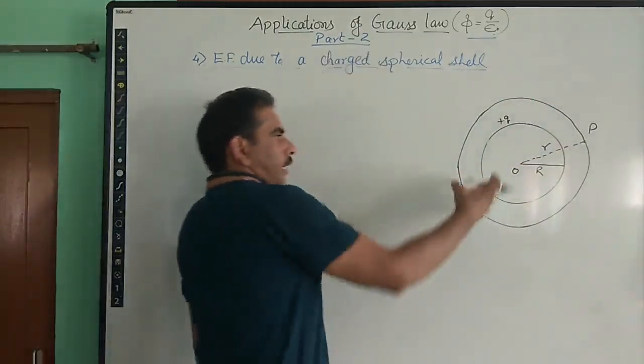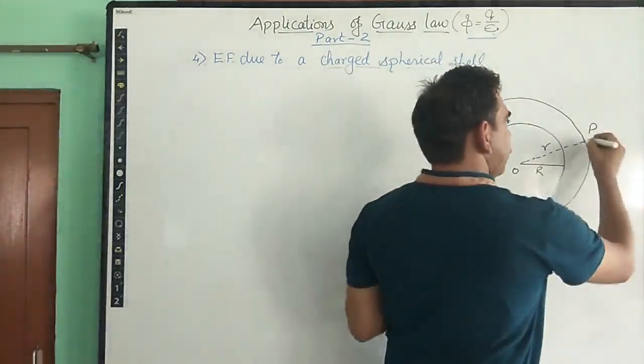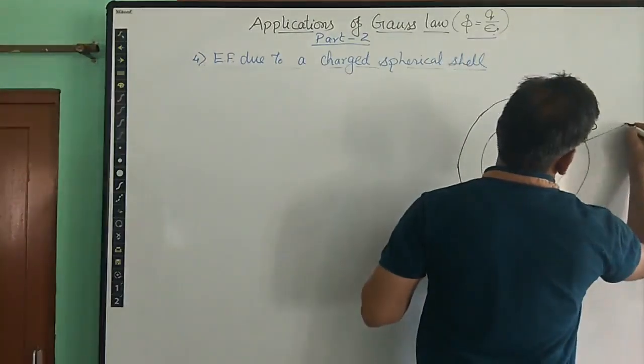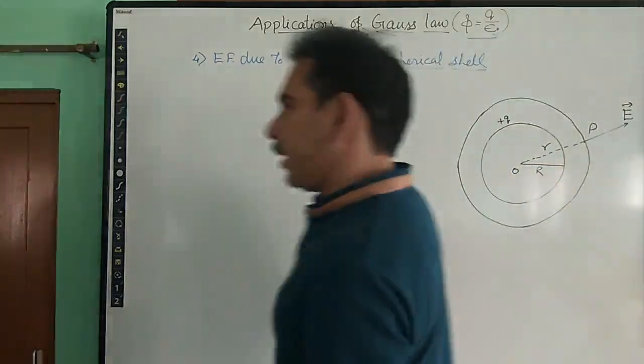So the electric field due to this spherical shell at point P will be radially outward, right?